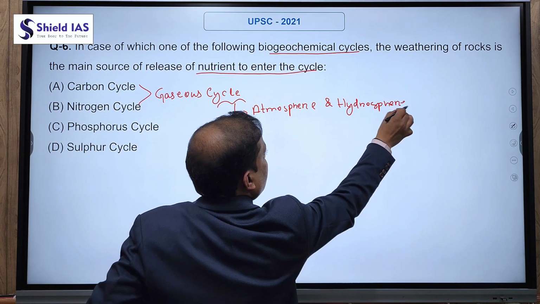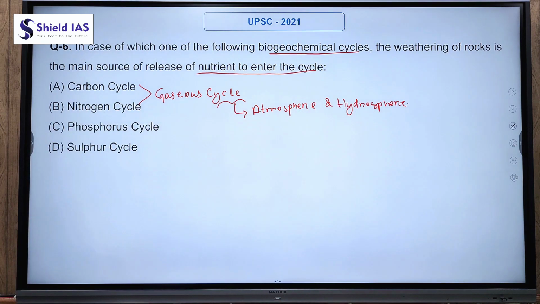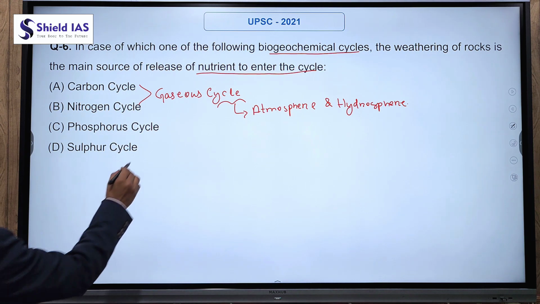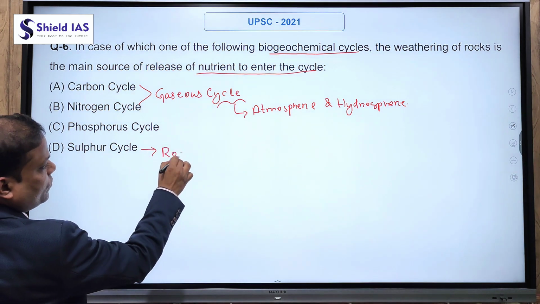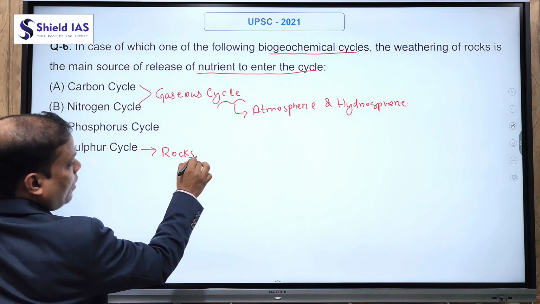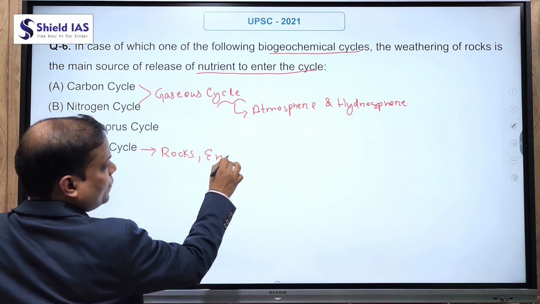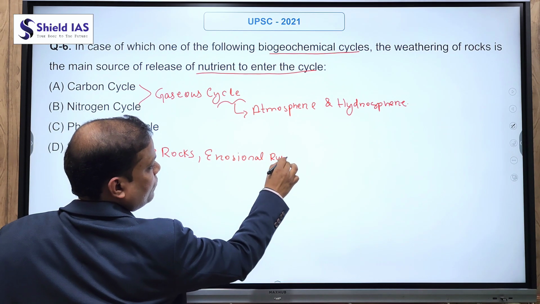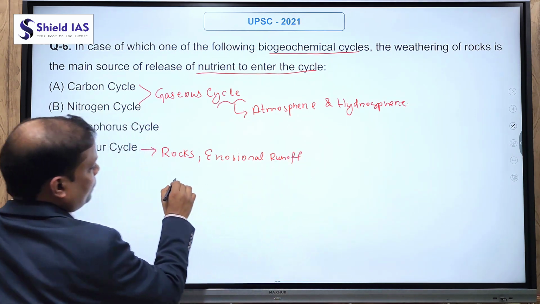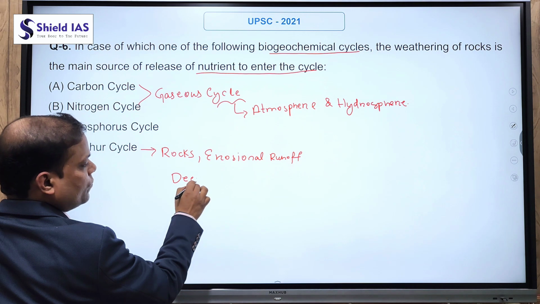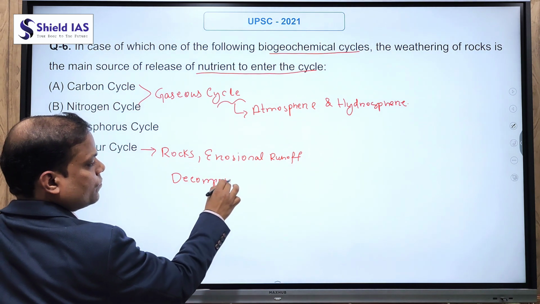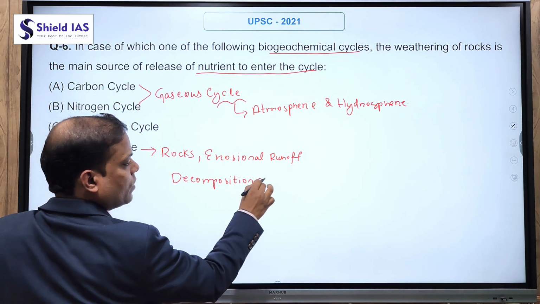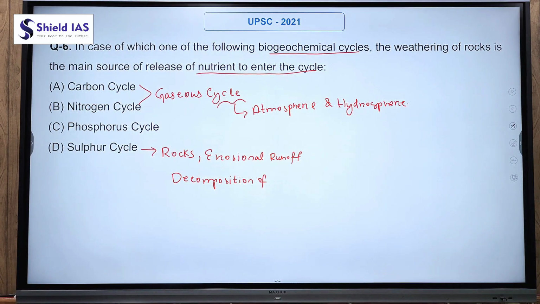And in case of sulfur cycle, as we have discussed, nutrient is released by weathering of rocks, erosional runoff, as well as decomposition of organic manure.